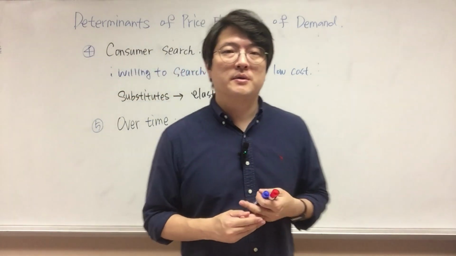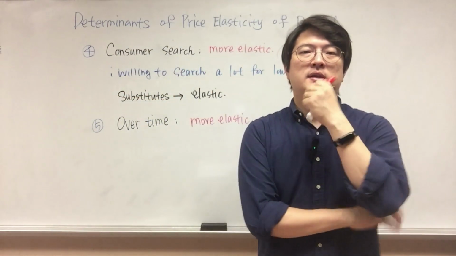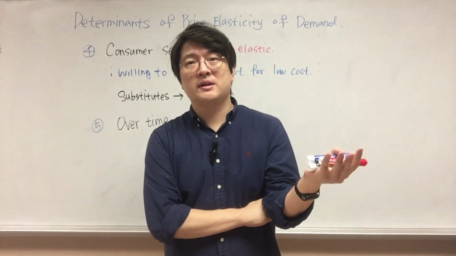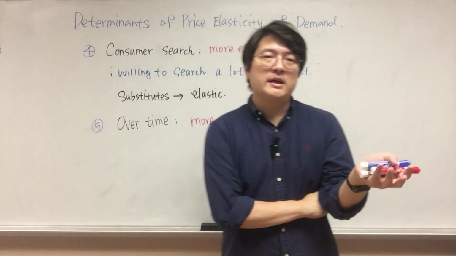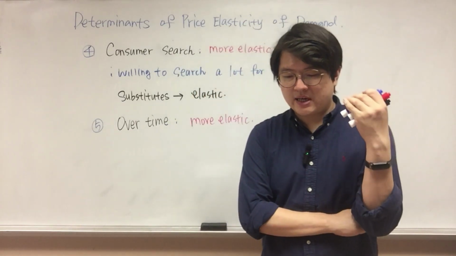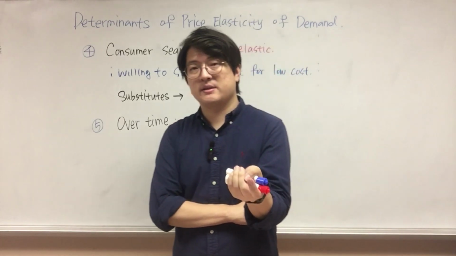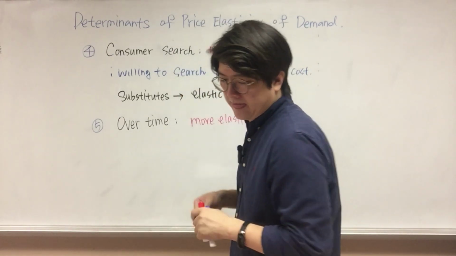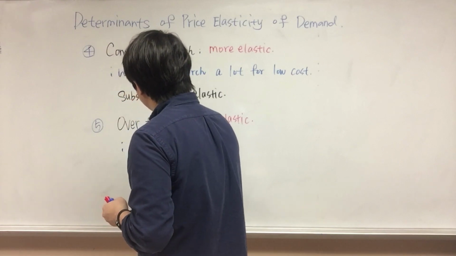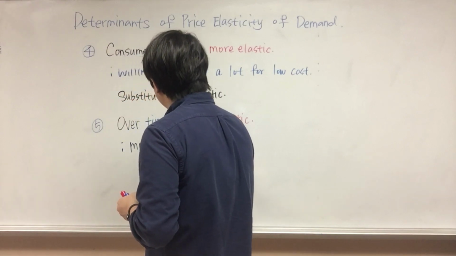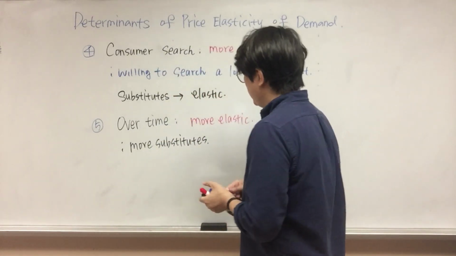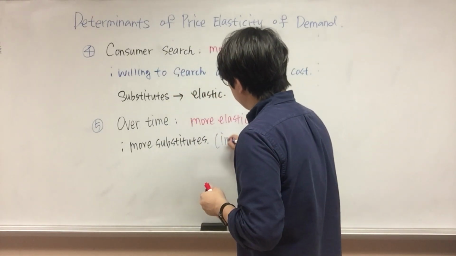Usually the products become more elastic in the long run, not the short run. So in the end, the elasticity will depend on the people, goods, and prices. Over time there are more substitutes, especially in the long run.